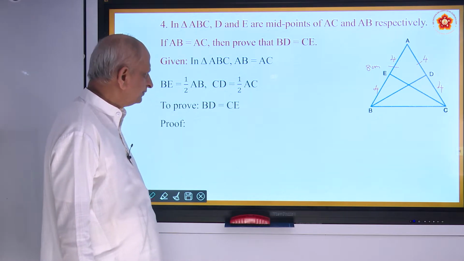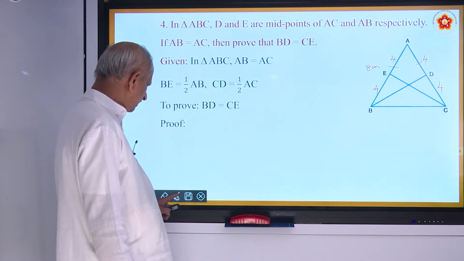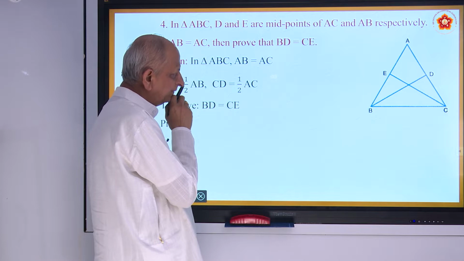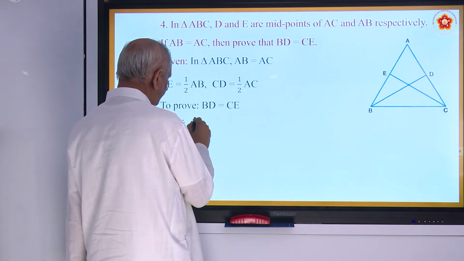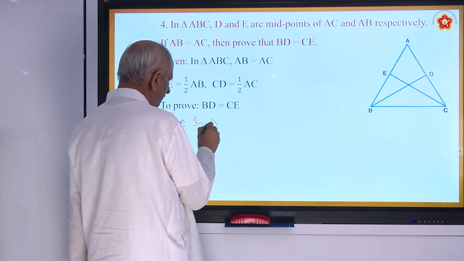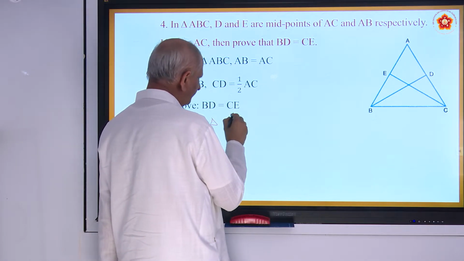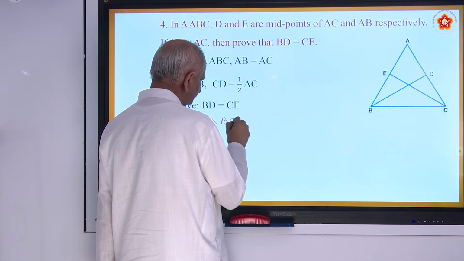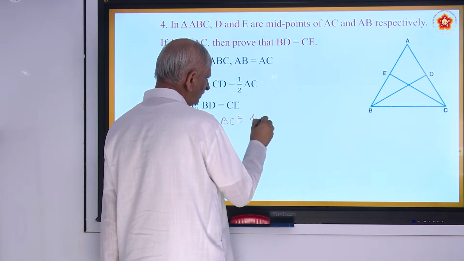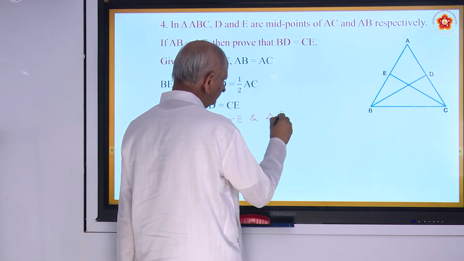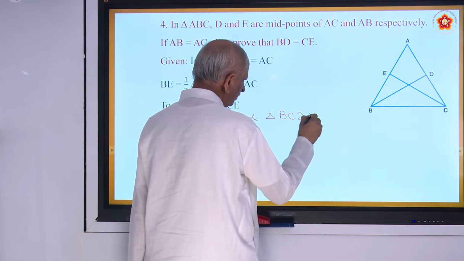And proof. Here we can take two triangles. One is triangle BCE, and one more triangle, BCD. What do we have?